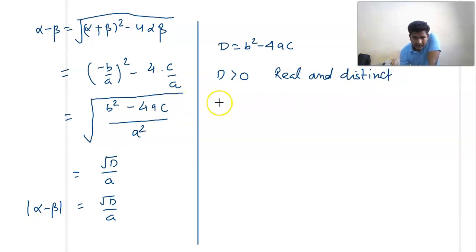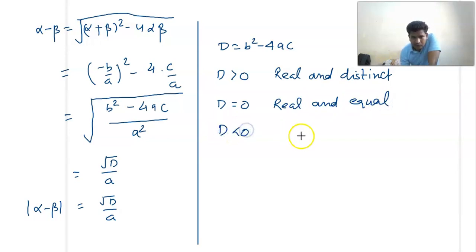And if d is equal to 0, then the roots will be real and equal. And if d is less than 0, it means the roots will be imaginary, means the roots will not exist in the real form, the roots are imaginary.